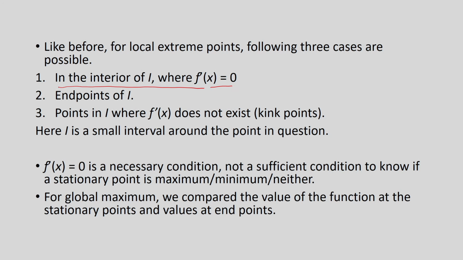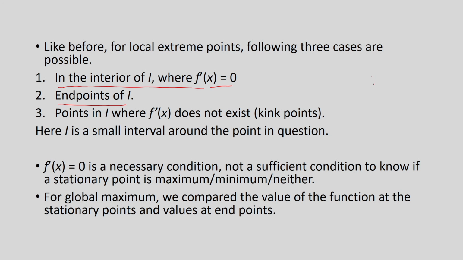So, you have stationary points here, or those could be endpoints of I. So, I is that interval a to b that we are considering, and thirdly, it is possible that there are points in I where f dash of x does not exist. So, these are kink points, right.